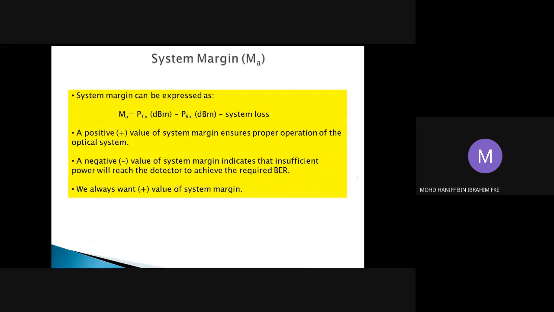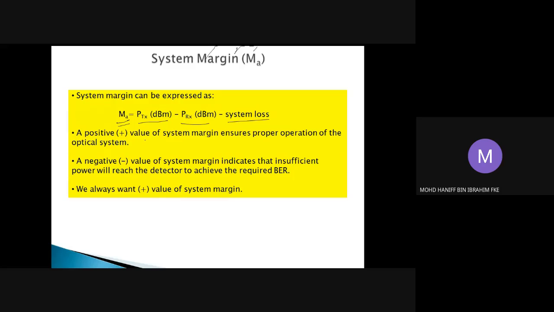All right, and what is system margin? System margin can be expressed by this equation, in which we have MA. MA stands for the system margin, and it equals the transmit power minus the receive power minus the system loss.